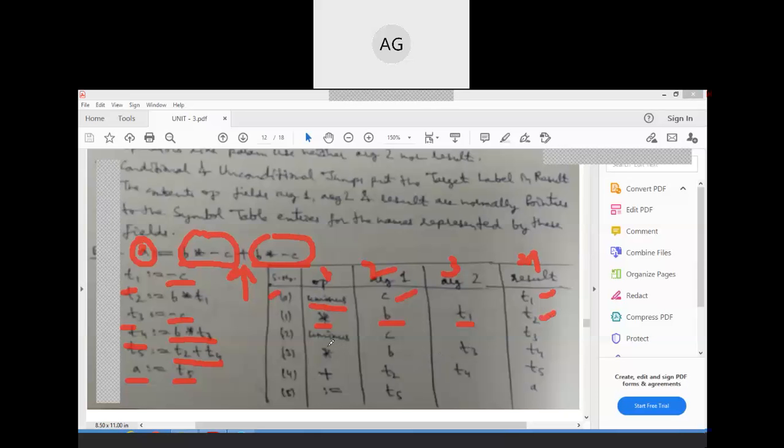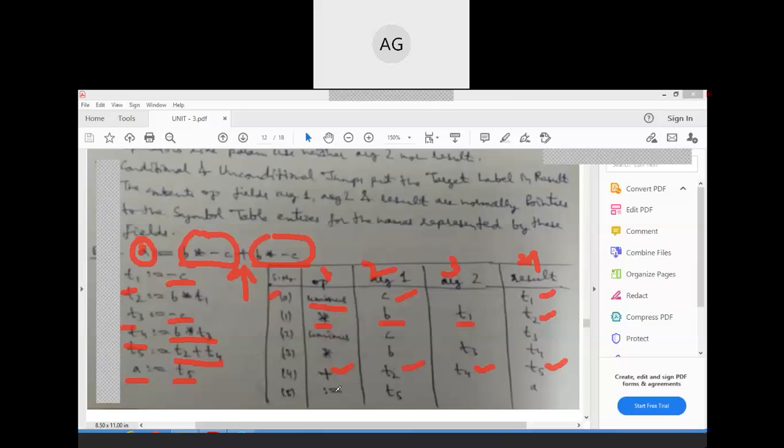In the same way, we store the values of t3 and t4, which are the same as statements 0 and 1 respectively. Now we store the value of t5. Here the operator is plus, the first argument is t2, which is on the left hand side of the operator, the second argument is t4, which is on the right hand side, and the result is stored in t5.